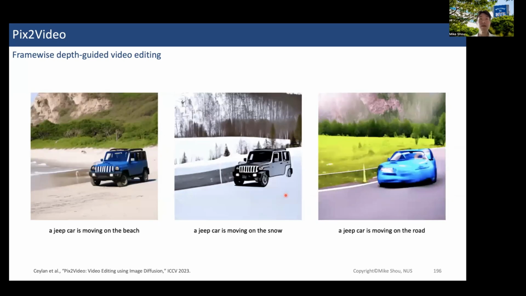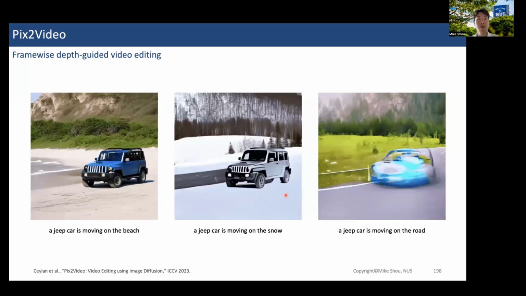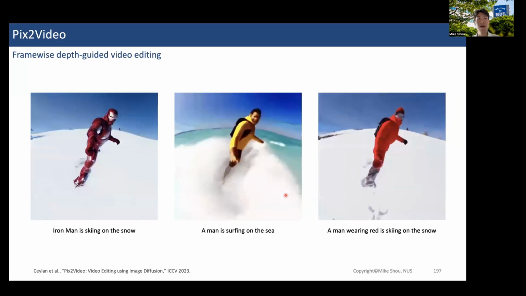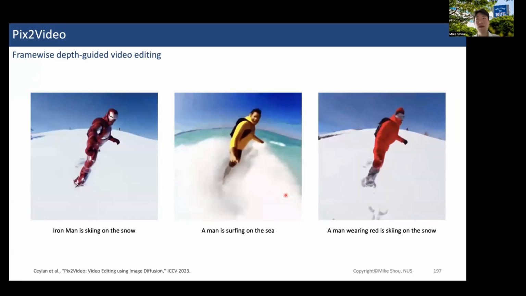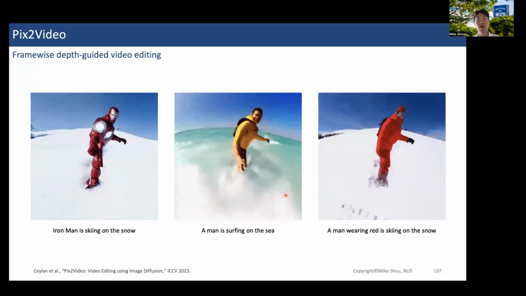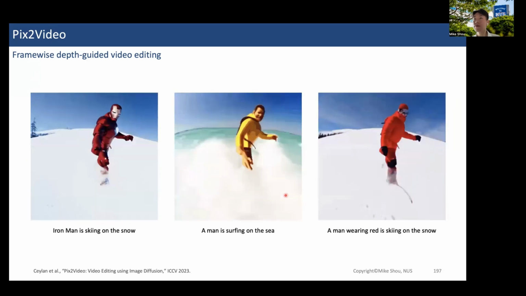And there are some of their results you can see, like a car moving, and also a person surfing, skiing. Afterwards, it does not need training or fine-tuning, so I would say it's pretty impressive.